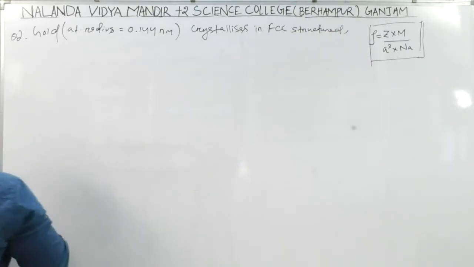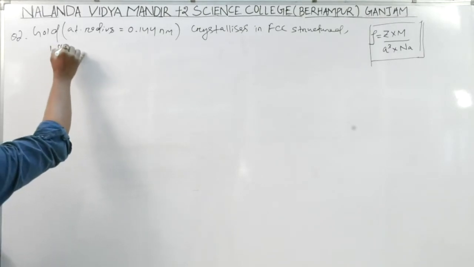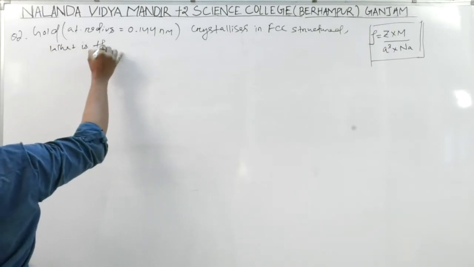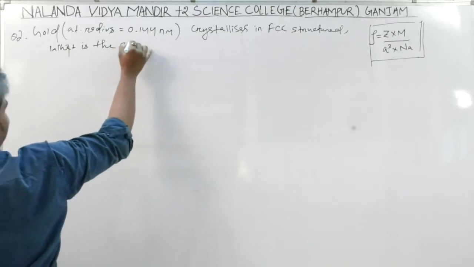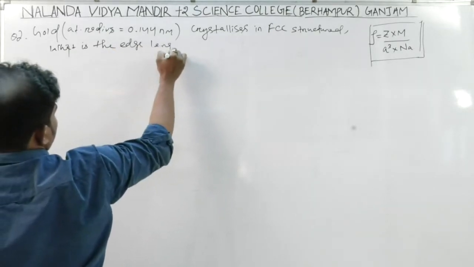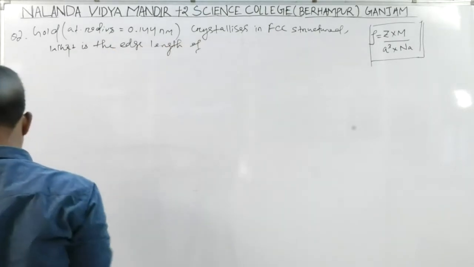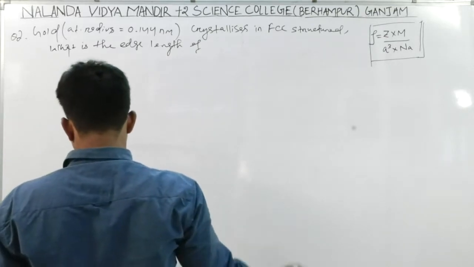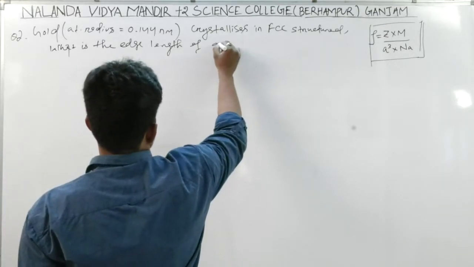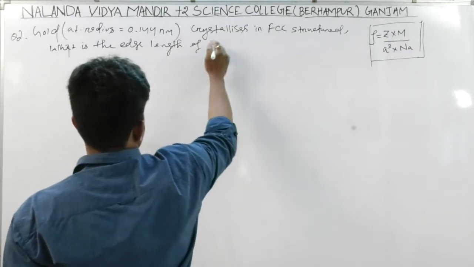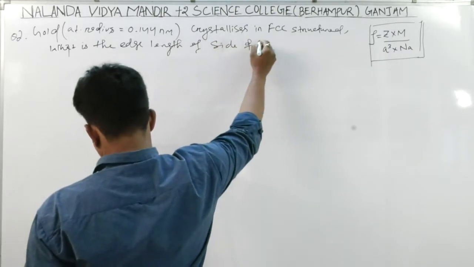What is the edge length, or side, of the unit cell?